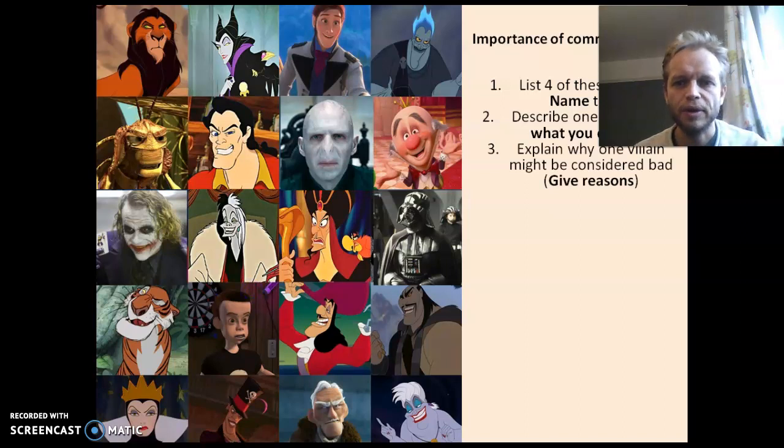Next, we wanted you to explain why one villain might be considered bad. So we're giving reasons. You might say the Joker might be considered bad because he goes around killing people, and obviously this is a fairly terminal thing, so that's obviously bad. One other thing is that he doesn't really care who he kills. He's indiscriminate about his killing, and that might make him even more evil or bad.